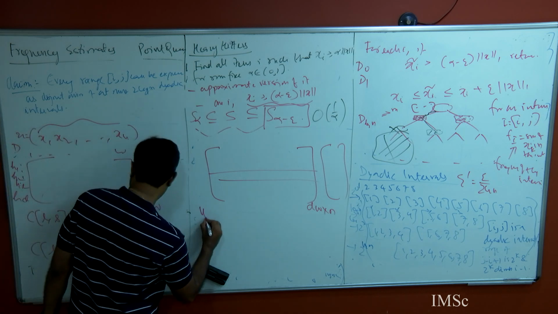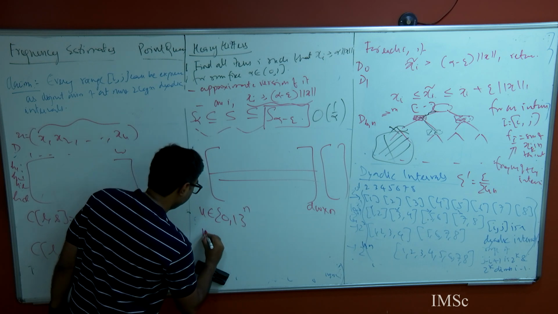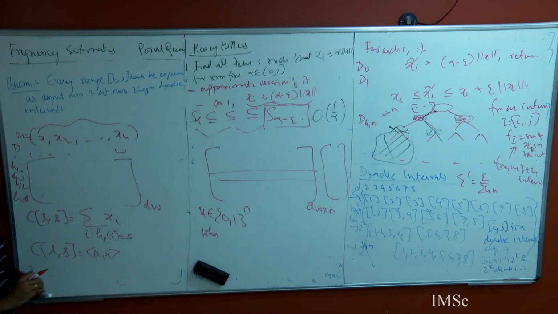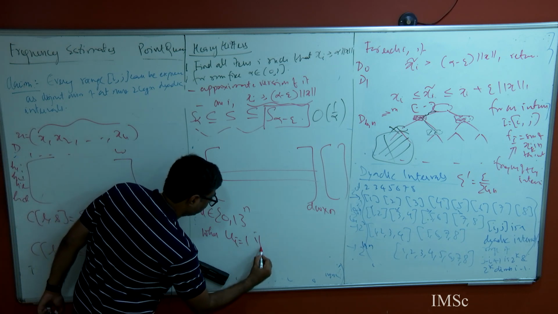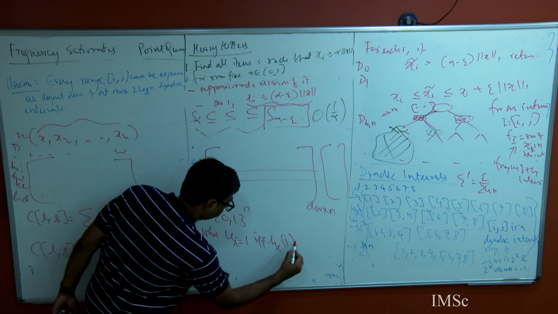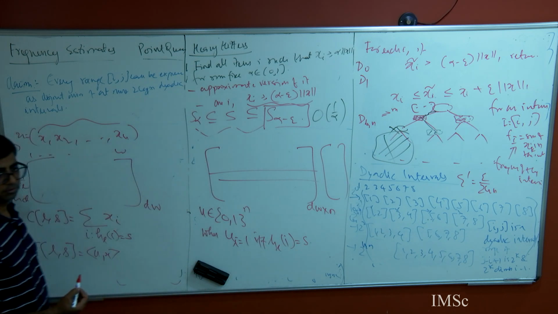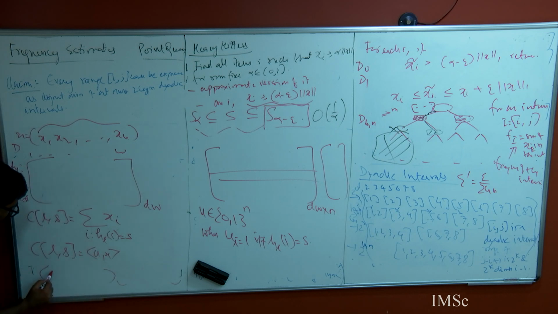So u is in {0,1}^n, where u_i is 1 if and only if H_L of i is equal to S. So all those indexes where this is the case, I have put 1, all other places 0.